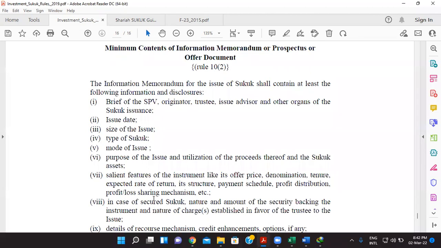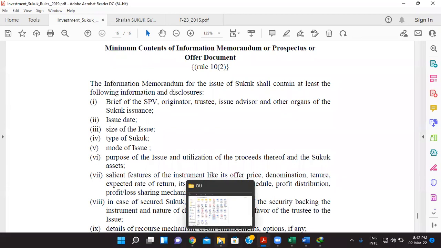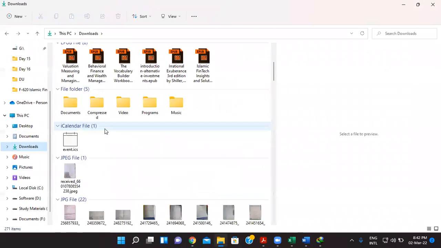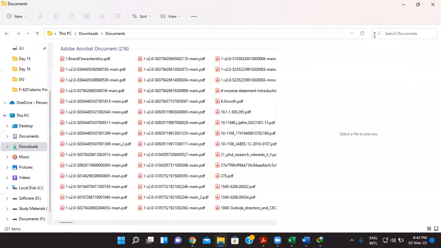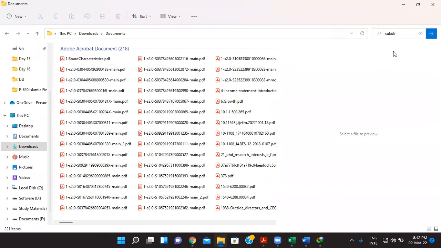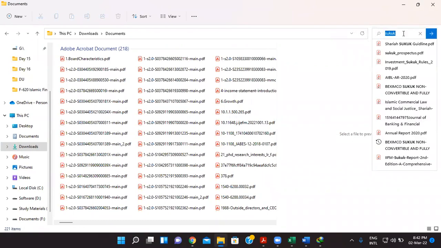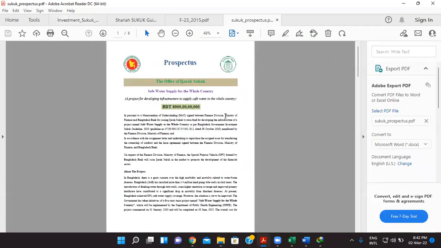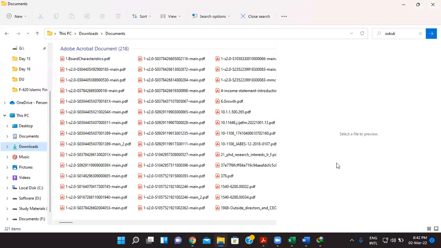Yes, sir. Okay. So sir, that document is of 400 pages, if I'm not wrong. Let me open it for you again. Probably this one. No. It is about the Bangladesh Bank, Bangladesh government Sukuk.